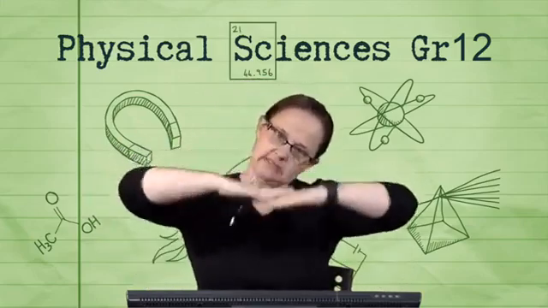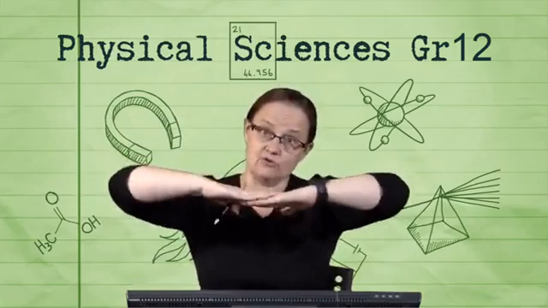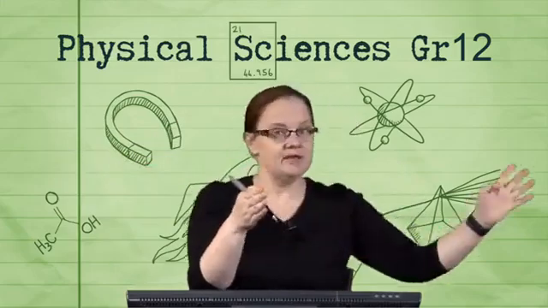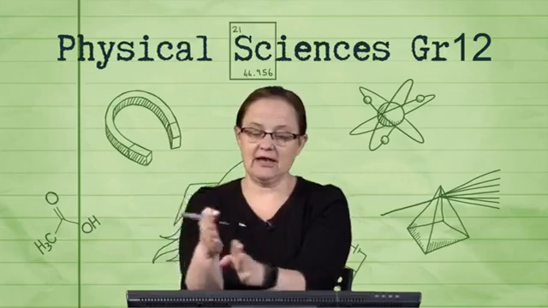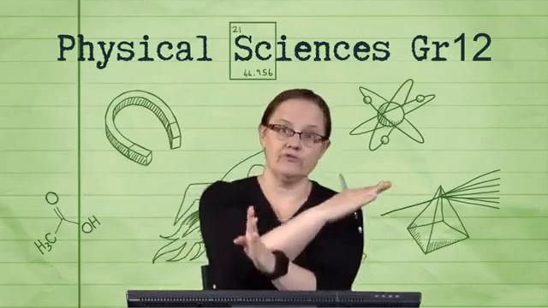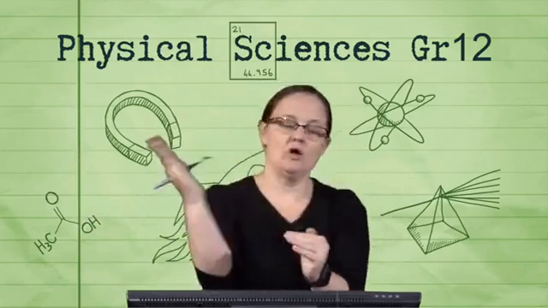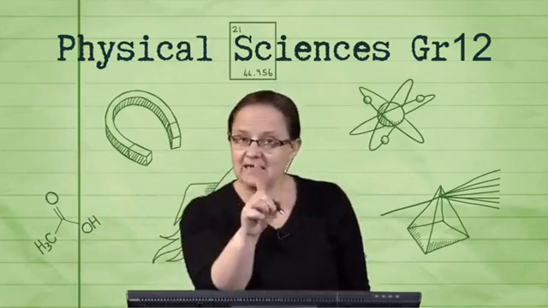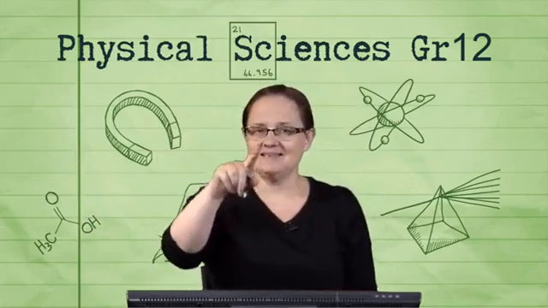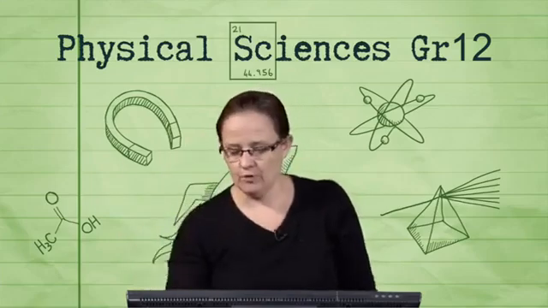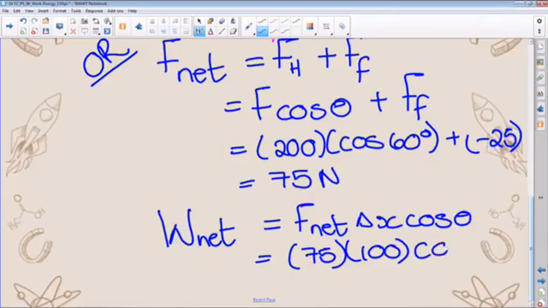My object is sitting on here, and I've worked out the net force. I've taken the forward force and the backward force into account, and I've got a resultant forward force. So my net force and the direction of motion are in the same direction. That means theta is 0. Friction, 180. Applied net force in the direction that it's moving in, 0.